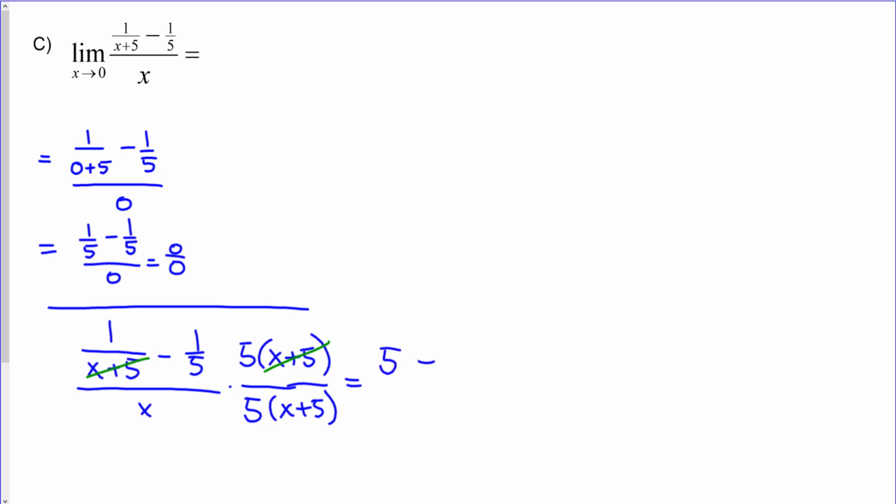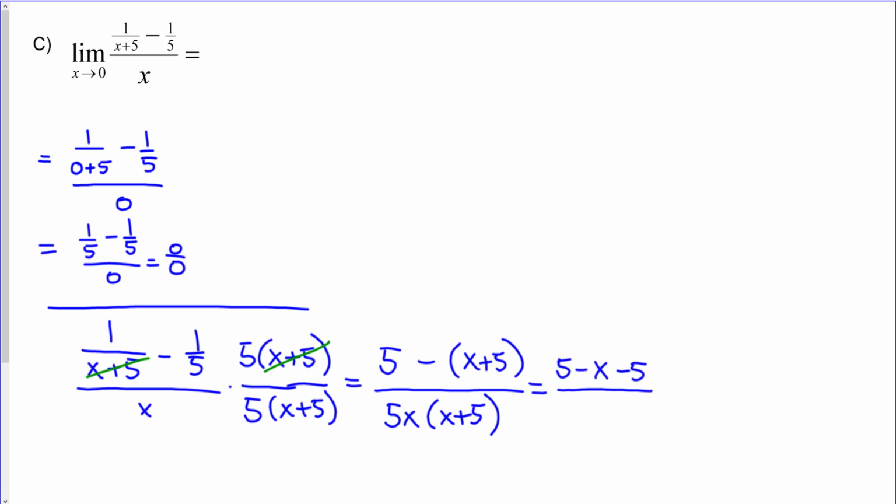If I multiply that same thing times 1/5, the 5's cancel and leaves me with x plus 5. In the denominator, it's going to be 5x times x plus 5. So, simplifying, this would be 5 minus x minus 5, because that negative would distribute to both terms inside these parentheses.